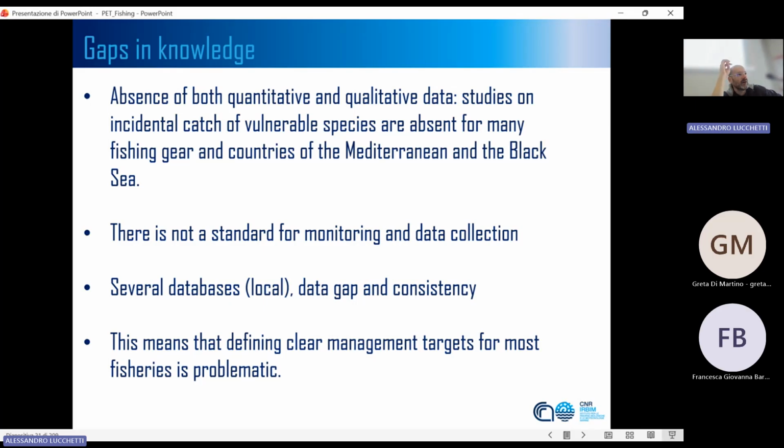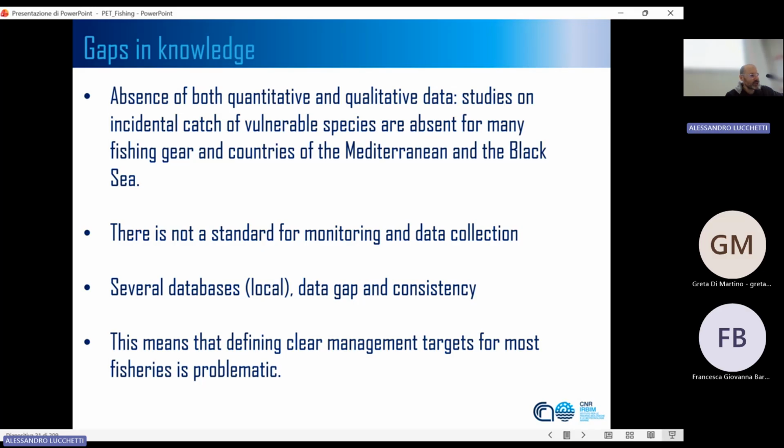I mean, they can overestimate the bycatch problem because they consider only the seabirds that died stranded on the beach. And the same holds here in the Mediterranean, where we have 23 countries probably, or something like that. If you don't have a standard protocol for data collection, it is a mess because the data are not comparable.